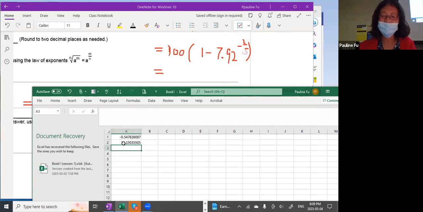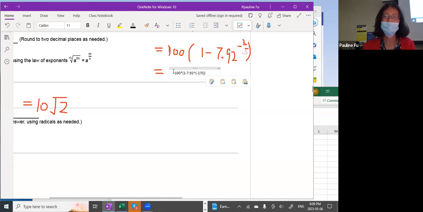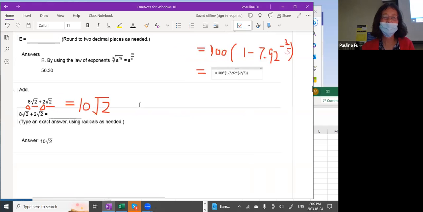So I want to find 100 times bracket 1 minus 7.92 raised to power negative 2/5. Excel, press enter. I got 56.297. I'll just copy this. So this is Excel, and the final answer.